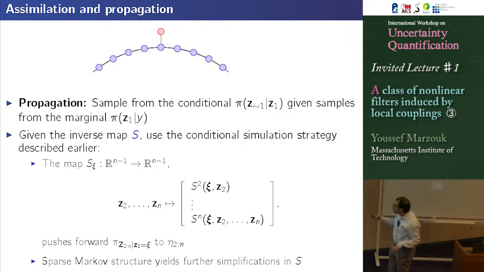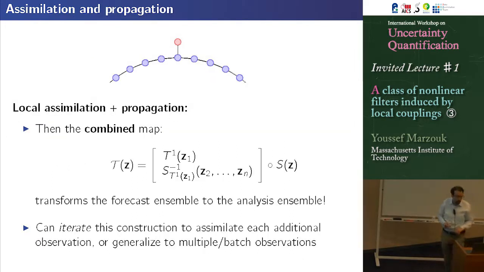So if you put this all together, you have constructed our desired object, which is a transformation from the forecast ensemble to the analysis ensemble, where this S is the map that I used to represent the forecast. The T1 represented the reference to posterior marginal for Z1. And then this thing here, which is the conditional map with T1 embedded in it, does the rest of the propagation.